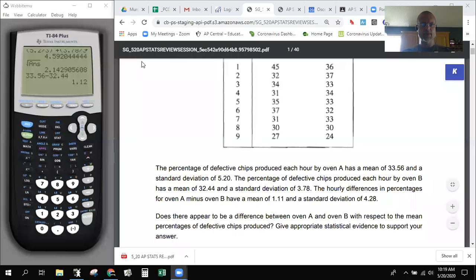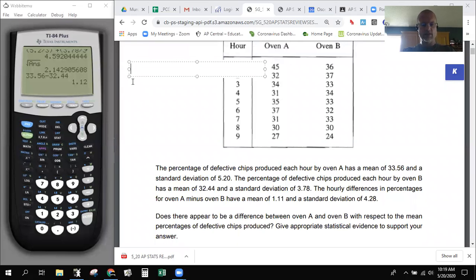Okay. So I'm going to say X bar A minus B is equal to 1.12, and SE of X bar A minus B is equal to 2.1429.